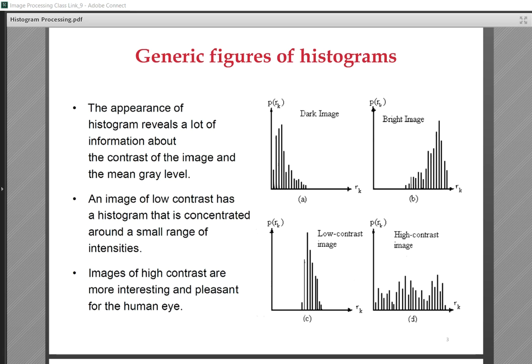An image of low contrast has a histogram that is concentrated around a small range of intensities. But images of high contrast are more interesting and pleasant for the human eye. We can see high contrast images better.